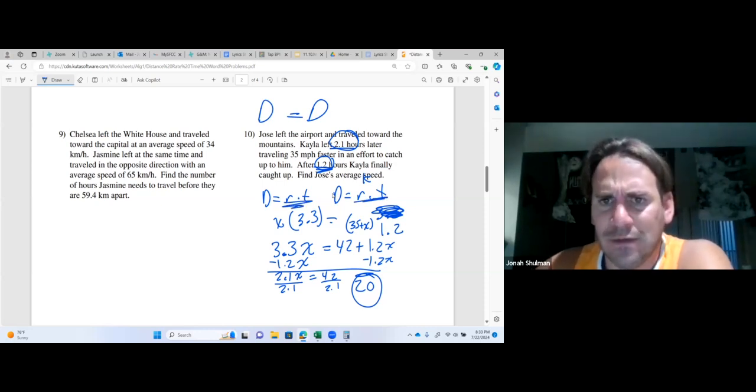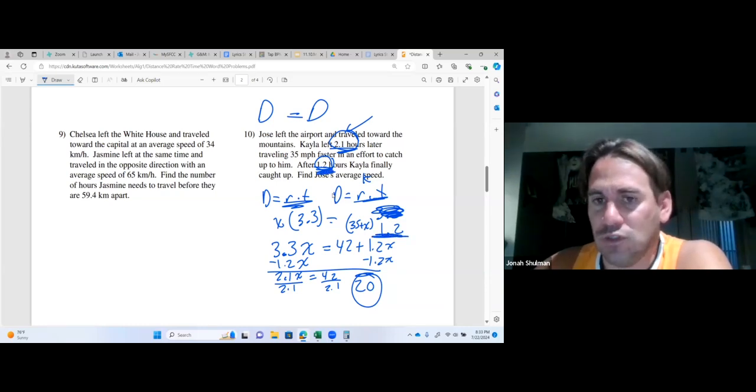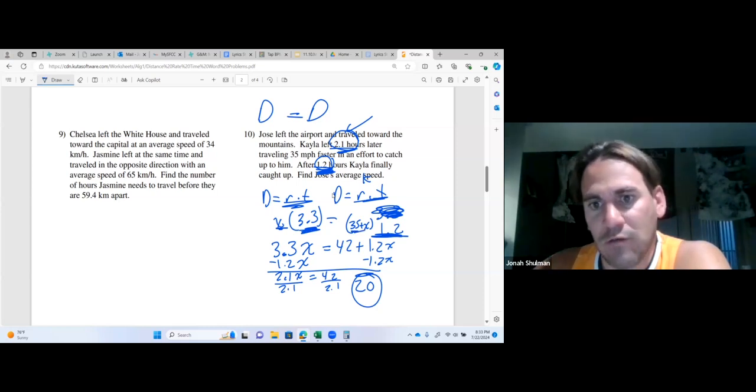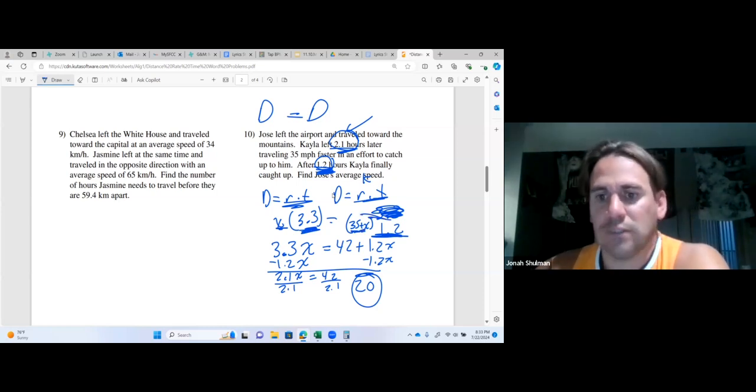Now I just had to really think about it. If she left 2.1 hours later than him, she's just at 1.2 because that's the only time she traveled. And our guy, Jose, is the whole time. So 2.1 and 1.2 is 3.3. X because we don't know. This is 35 plus X because we do know. I distributed the 1.2 and then I solved.